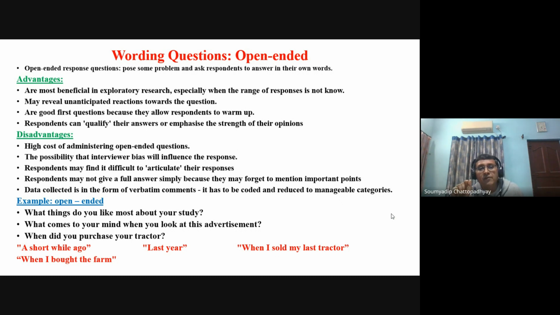Sometimes respondents may find it difficult to articulate their responses. For example, it generally happens in the context of women empowerment, because, as I mentioned, most of the questions are exploratory in nature. This is about personal field experiences, like when we go and ask the women respondents, say, all of us are familiar with the self-help groups.